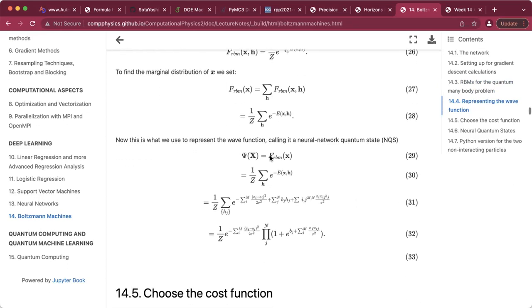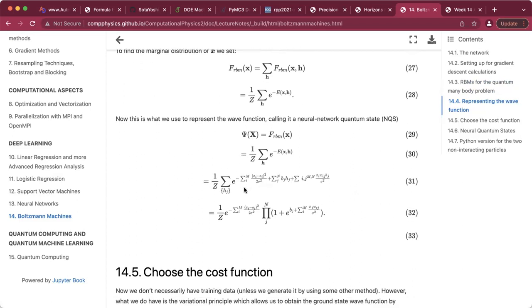And if you now look at your wave function, what you need then is to compute what's called the marginal probability. So it means that we need to sum over the hidden nodes, which we have, as you can see here. And if you do that, you need to perform the summation here where you plug in the energy. There are some boring details, and I'm going to take the liberty of going through them in the slides, because it's not so exciting to calculate these quantities.